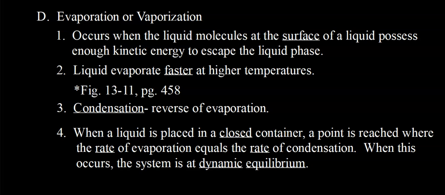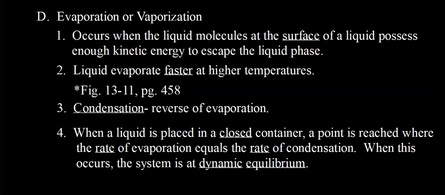Also important about evaporation, it occurs when the molecules at the surface escape the liquid and become a gas. So how does this happen? The molecules at the surface, if they possess enough kinetic energy, can break free of their attractive forces and become part of the gaseous phase. Molecules at the surface experience fewer attractions than, say, molecules in the middle of a liquid.